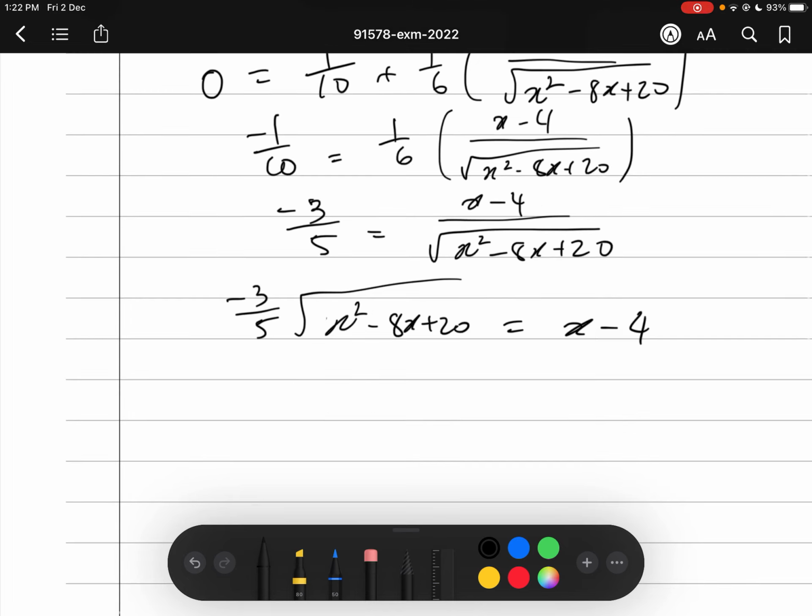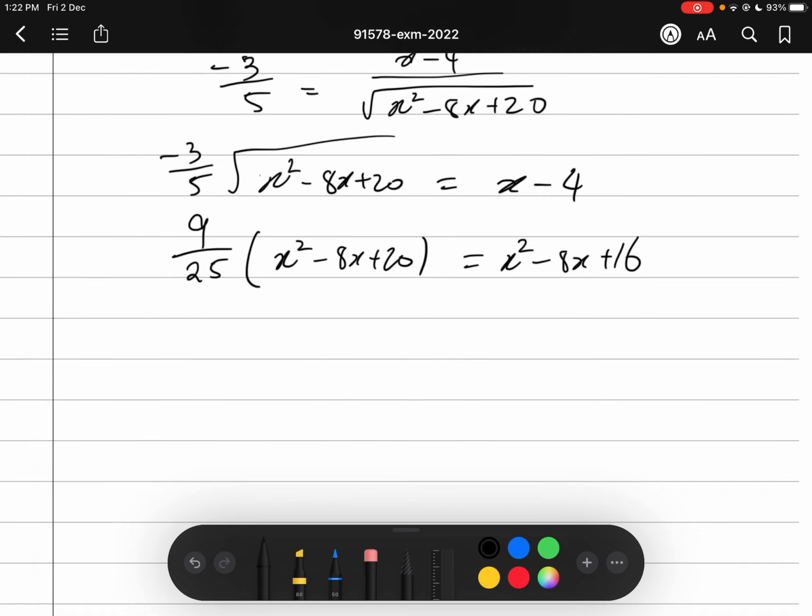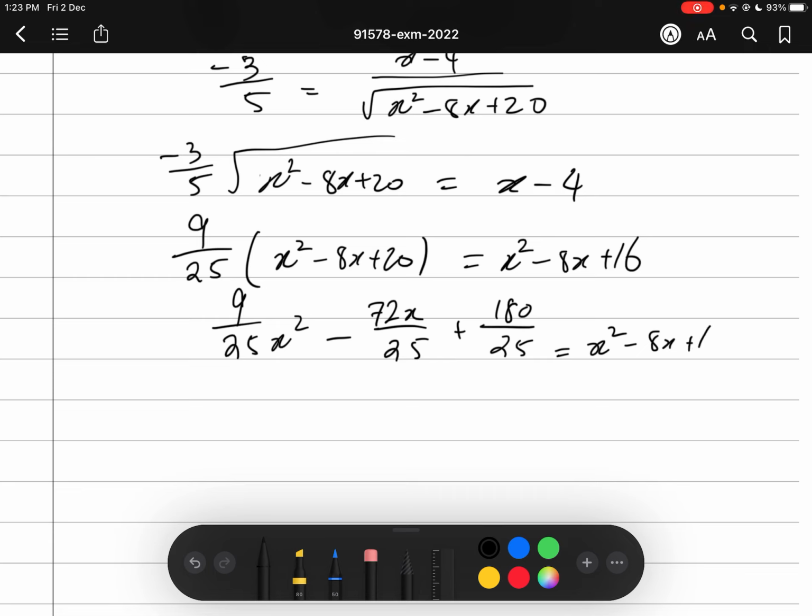And let's square both sides. So we have 9/25 times x squared minus 8x plus 20, that is equal to x squared minus 8x plus 16. So 9/25 x squared minus 72x/25 plus 180/25 is equal to x squared minus 8x plus 16.